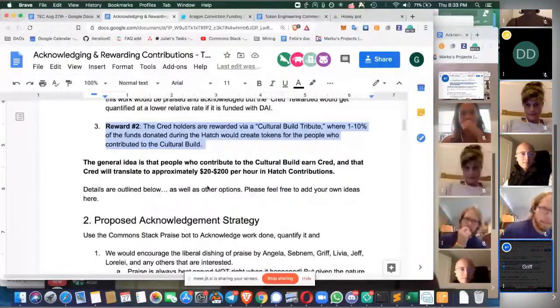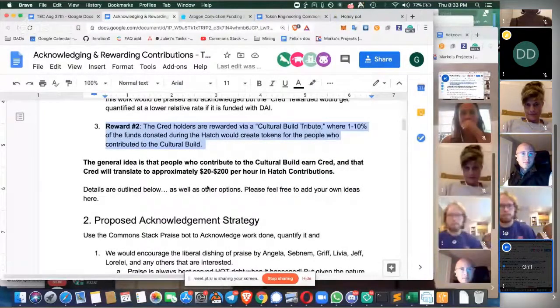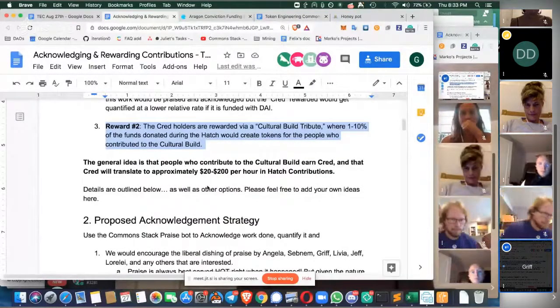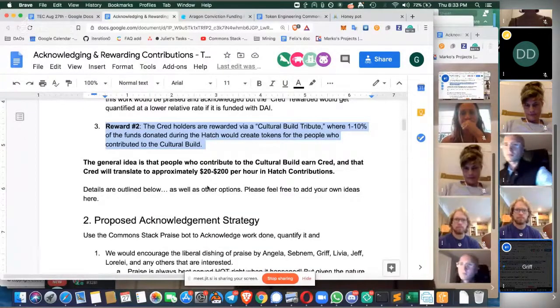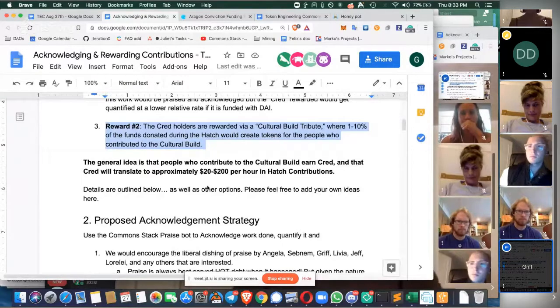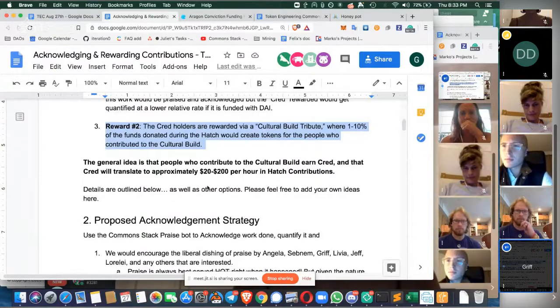Basically, we would set a minimum amount that we want to raise for the Token Engineering Commons, and we'd also set a minimum dollars per hour for the people who are contributing. And so when we're tracking praise and acknowledging praise, we would also track approximate hours that people put in.